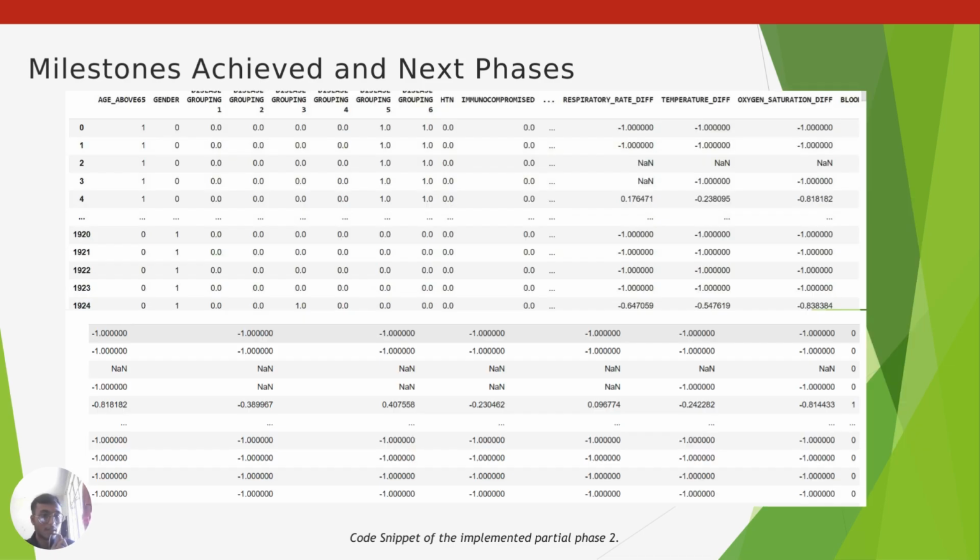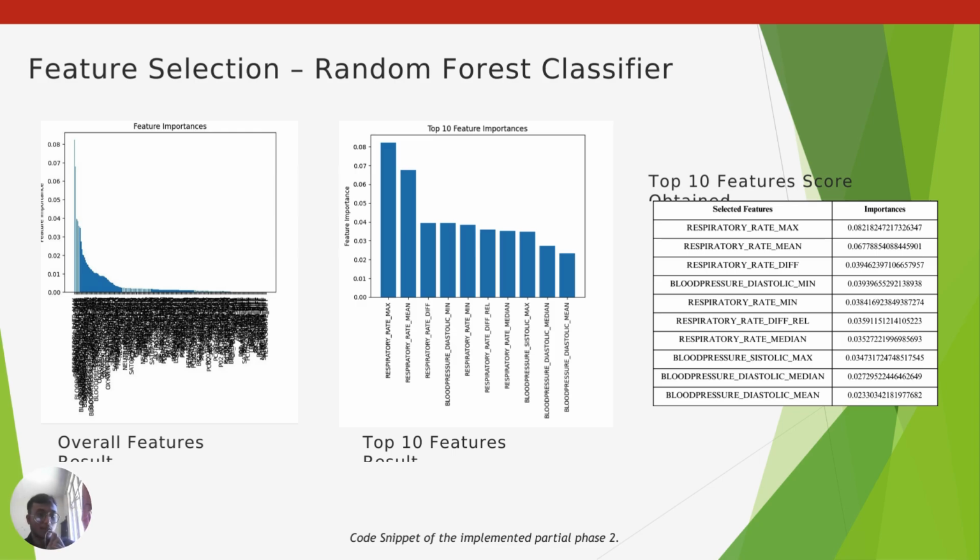After we handled the missing values, here is the result. As you can see, the mean filled in is 0 and 0. At least it won't be empty, so it has a value instead of blank spaces. After handling the missing values, we pre-process and also make overall feature results.